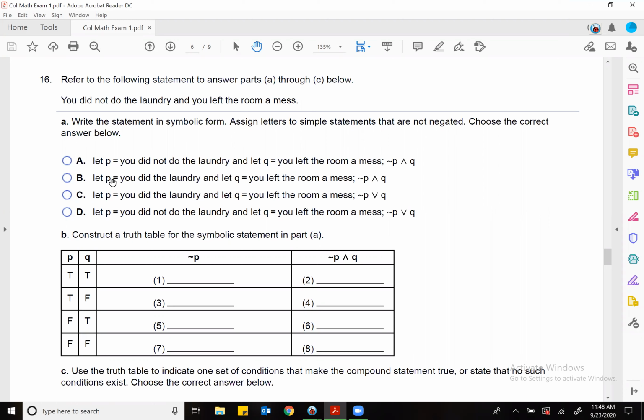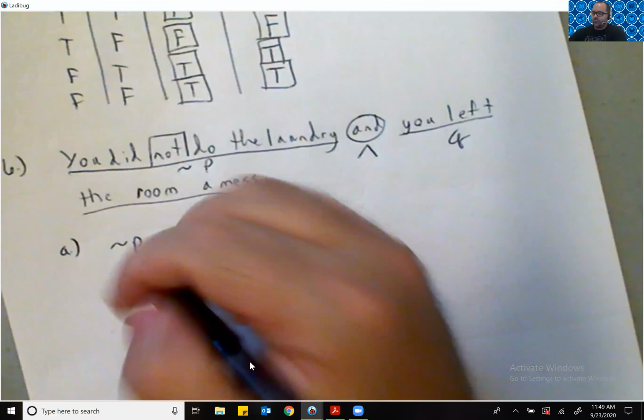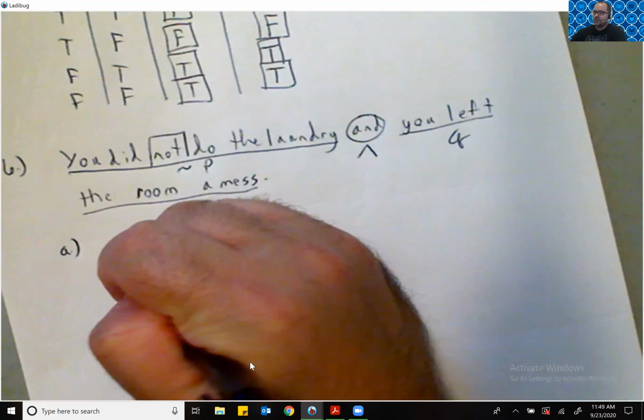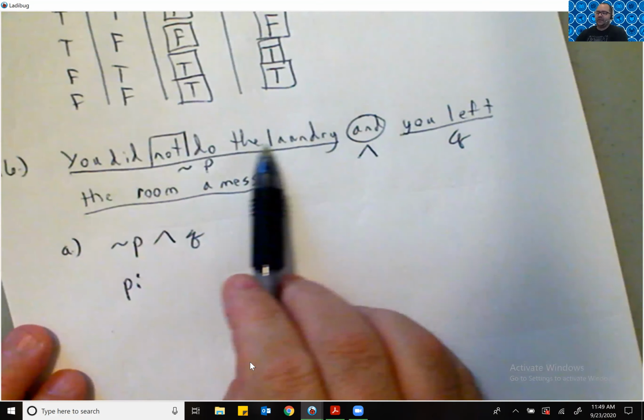B says the statement P is you did the laundry. So let's talk about that. It wants to know what is the original P statement. So this statement right here represents negate P.